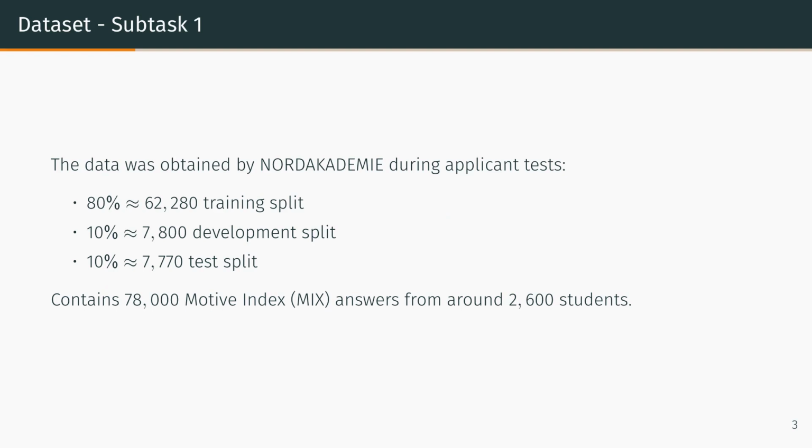So for the datasets, the first subtask data was obtained by Nordakademie, and they collected these motive index answers during applicant tests. We have 80% of the dataset for training, 10% for the development set and another 10% for testing.